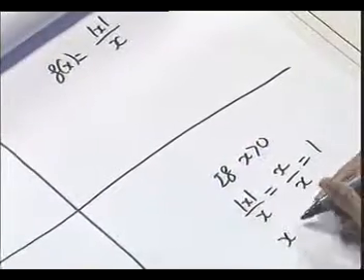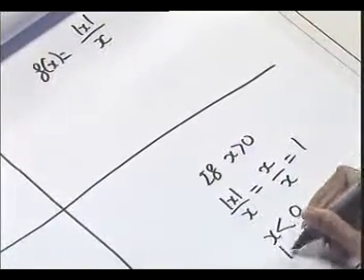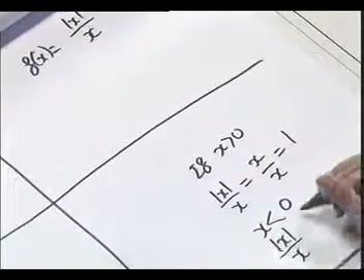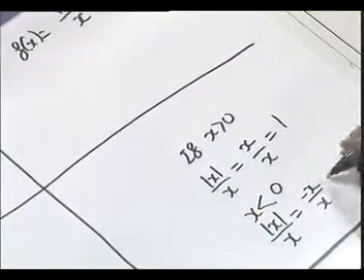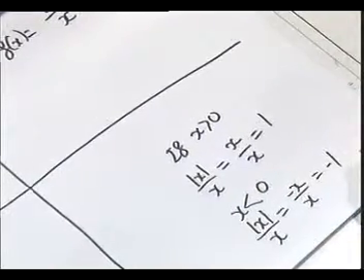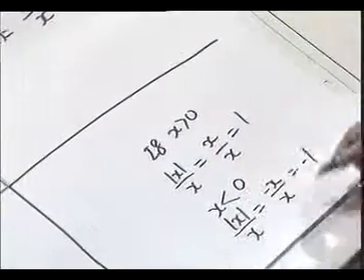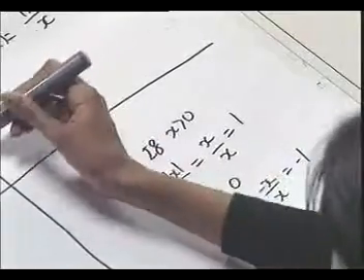But if x is less than 0, then the top becomes minus x, so that's minus x over x, so that's minus 1. When x is 0, it's not defined at all, so the graph looks like this.